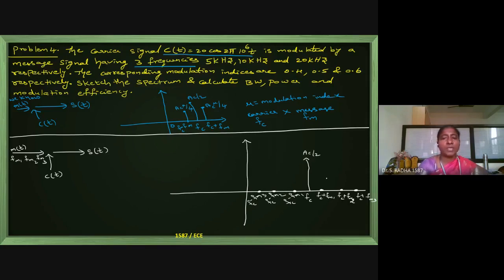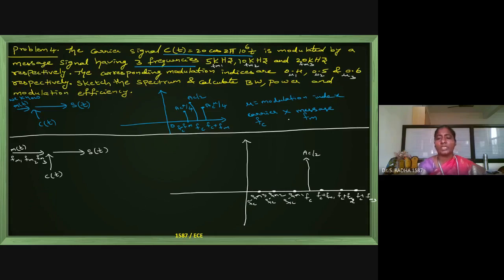Then we have three different modulation indices also. You can see in the question, they have given the Fm1, Fm2, Fm3 values, and mu1, mu2, mu3.